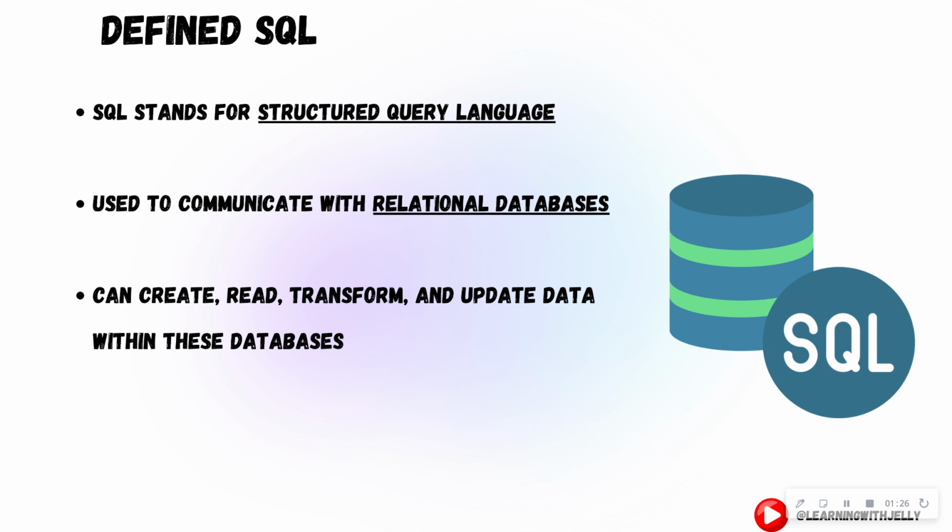So we started off by defining what SQL is, and it stands for structured query language that is used in relational databases. Relational databases means that there is a database that has tables in it, so multiple data sets pretty much. And these tables have relationships between one another.